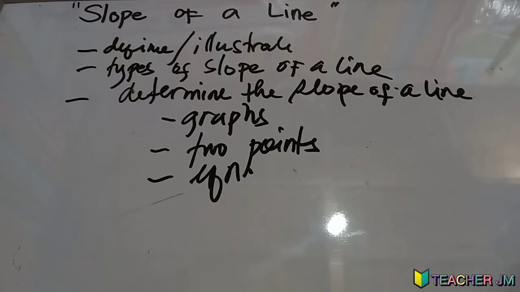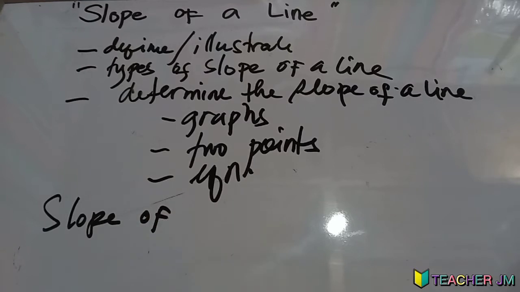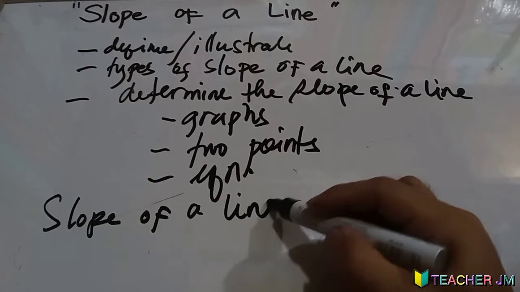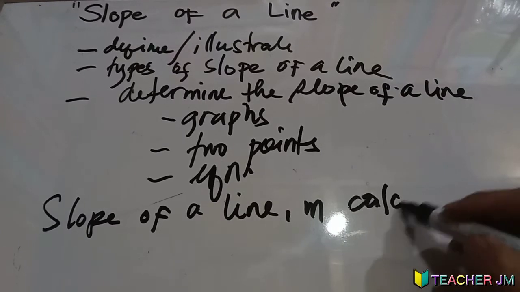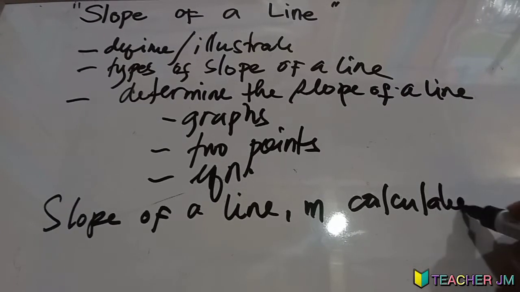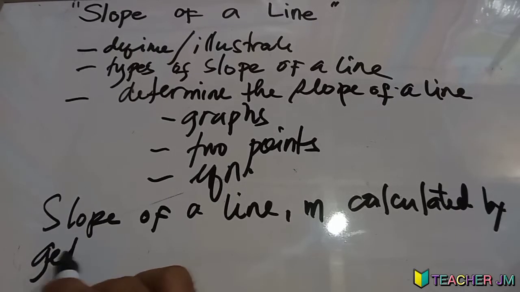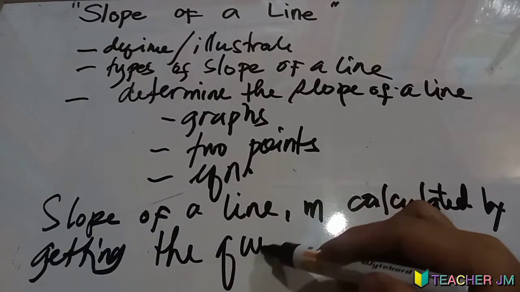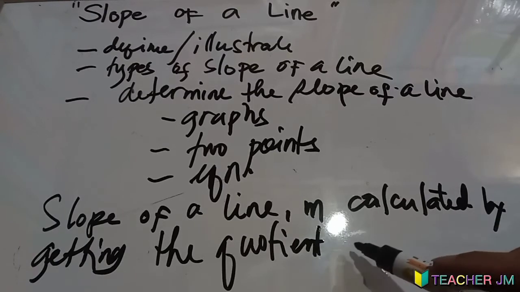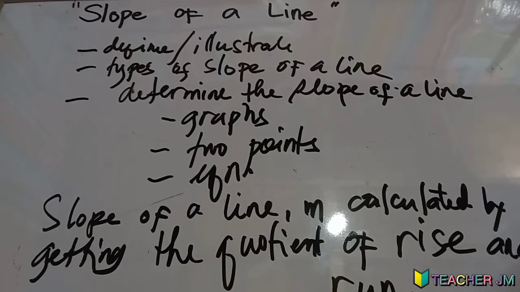So slope of a line, or M, is calculated by getting, what? Kunin natin ang quotient of rise and the run.